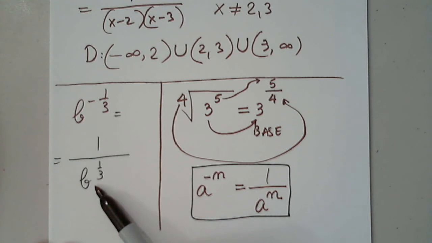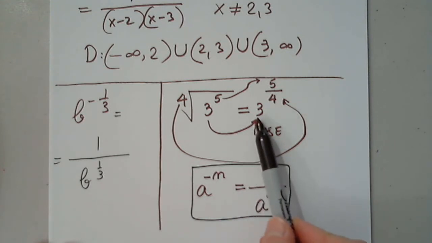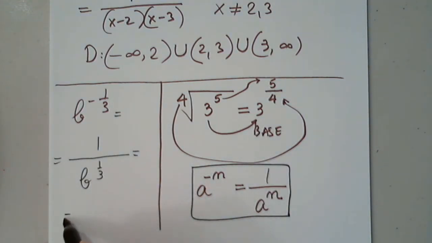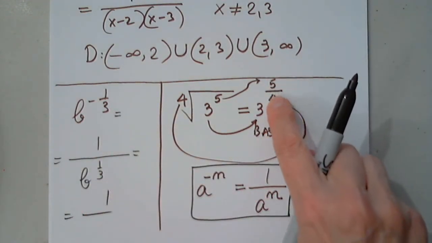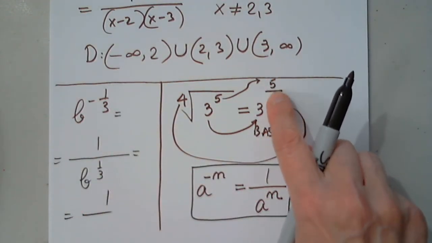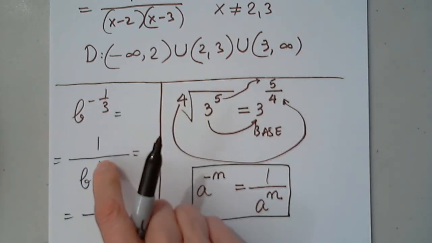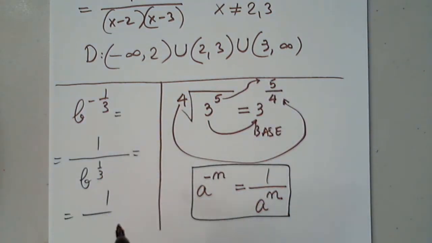And now, based on what we just wrote here, can anyone tell us what radical? How do I know it's a radical? Because as long as I have a fractional exponent, I know that that is a radical. And what is the index and what is the power of b?